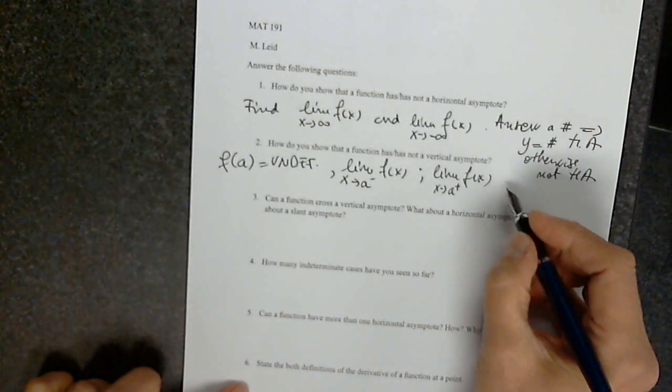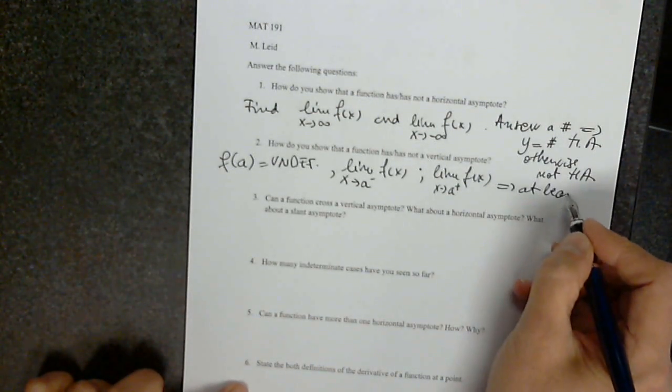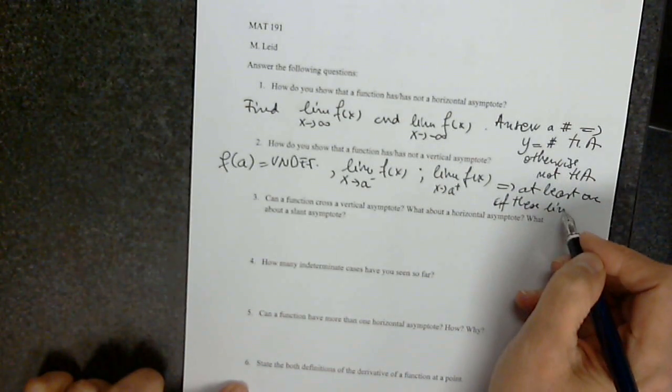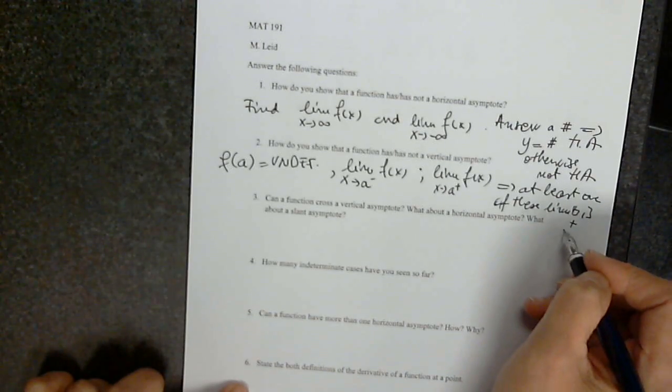What has to happen? They don't have to be equal. At least one of them must be plus or minus infinity. Exactly. So at least one of these limits is plus or minus infinity. Very good.